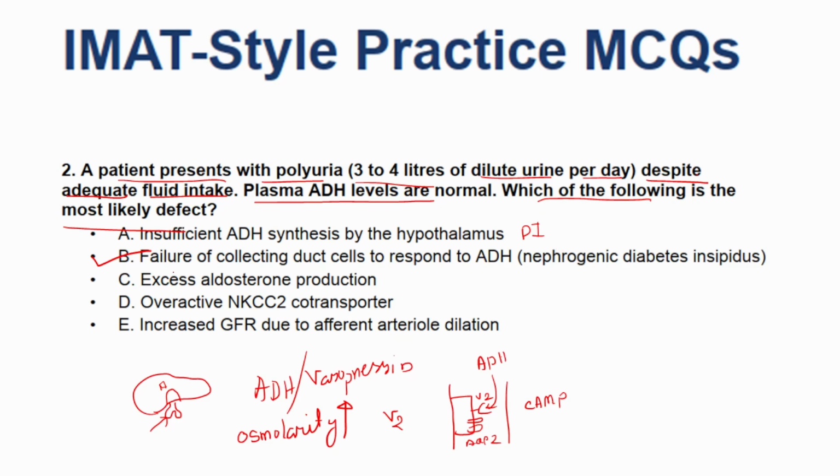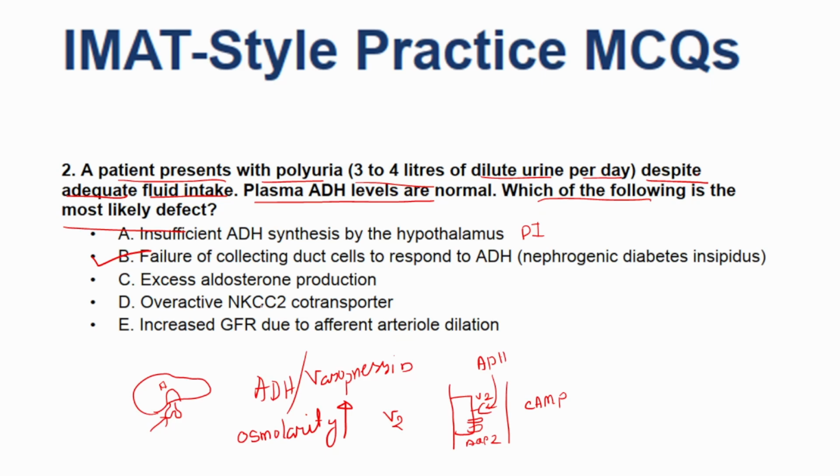Option C is wrong because excess aldosterone production would cause sodium retention and potassium wasting, typically leading to hypertension rather than the excretion of massive volumes of highly dilute urine. An overactive sodium-potassium-2-chloride transporter, mentioned in option D, would enhance medullary hypertonicity and increase water reabsorption capability, which contradicts the clinical presentation of profound polyuria.